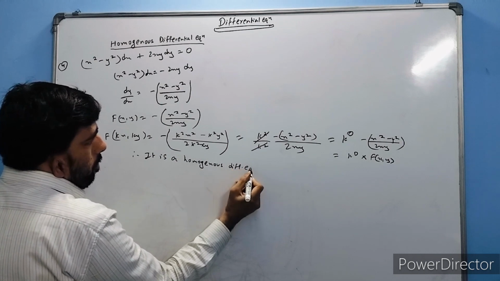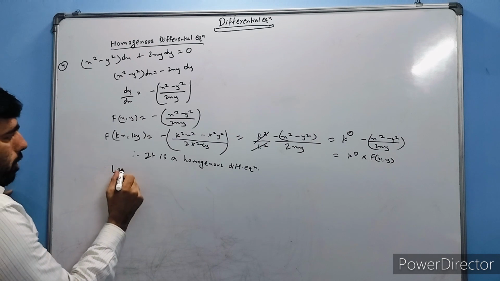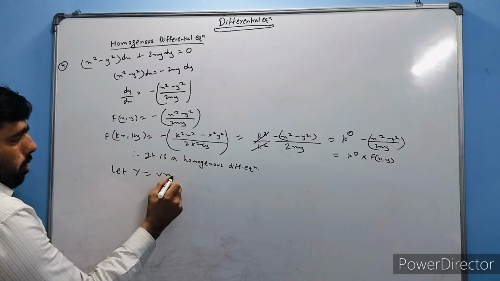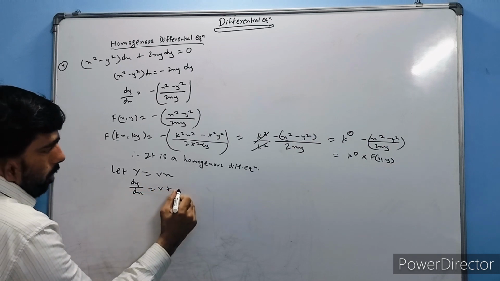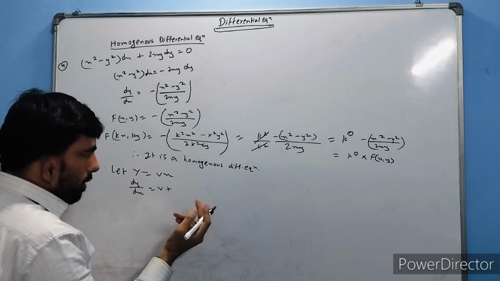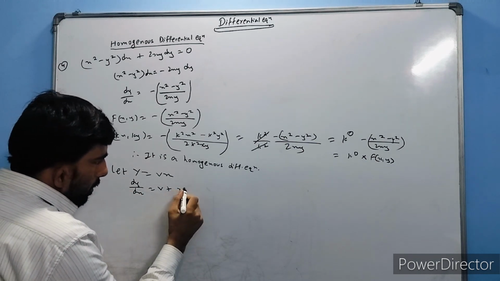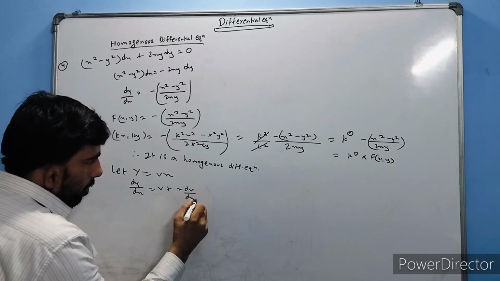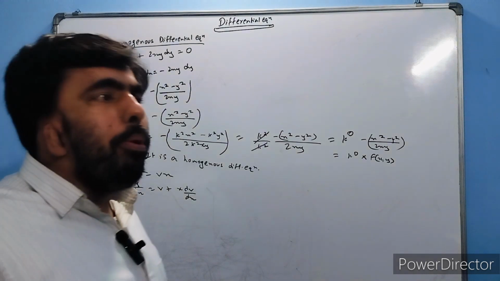Okay, so now we'll try to solve. Let y is equal to vx, or dy upon dx is equal to v plus x into dv upon dx. So we have differentiated, and by using the product formula we have applied it.